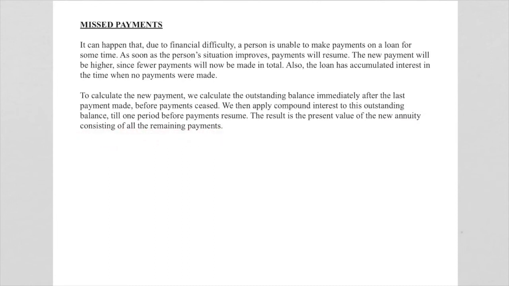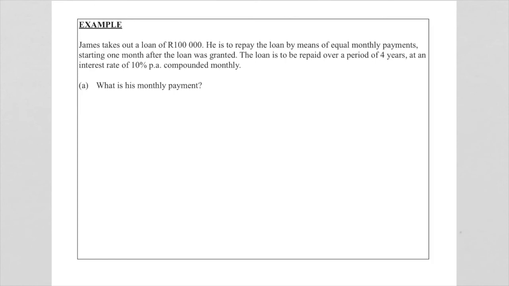So let's look at our example. In this example, James takes out a loan of 100,000. He is to repay this loan by means of equal monthly payments, starting 1 month after the loan was granted. And you will agree that is our normal situation. The loan is to be repaid over a period of 4 years at an interest rate of 10% per annum compounded monthly.